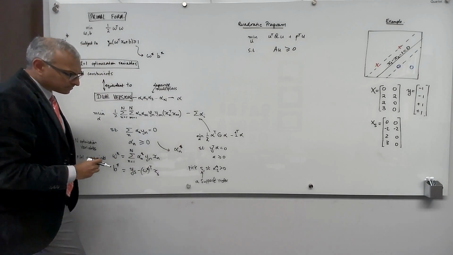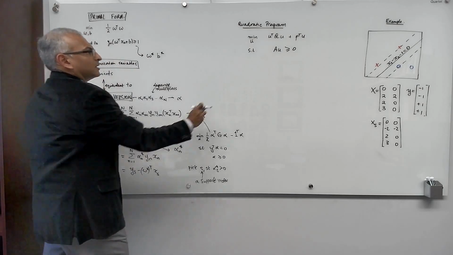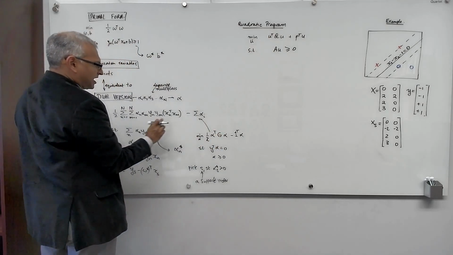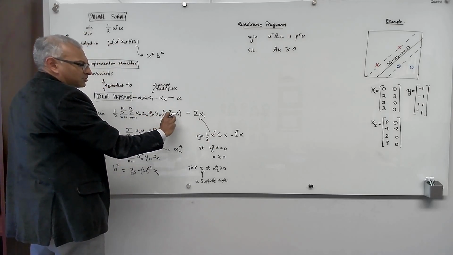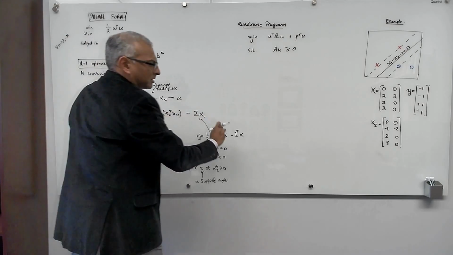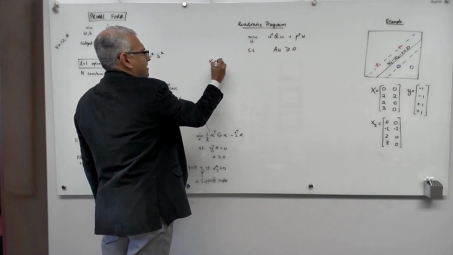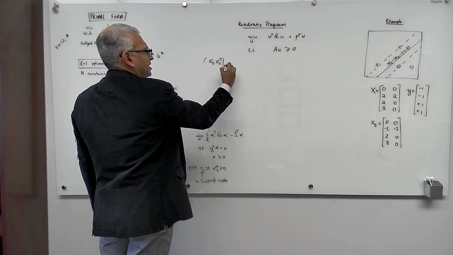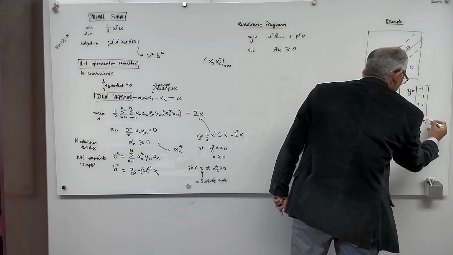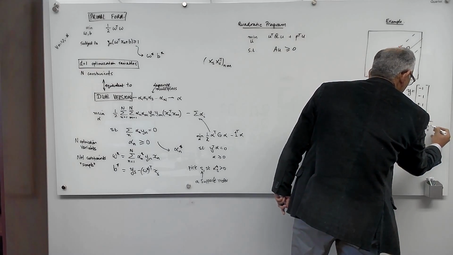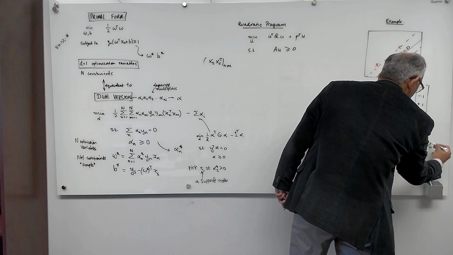Now, in our example, Q is G, and the nm component of G is y_n y_m x_n^T x_m. It turns out that if you work it out, this is X_s X_s^T, where X_s is the matrix formed by y_1 x_1^T, y_2 x_2^T, and so on, up to y_N x_N^T.